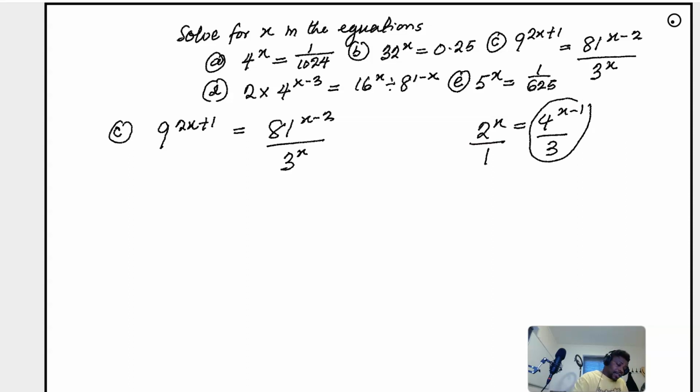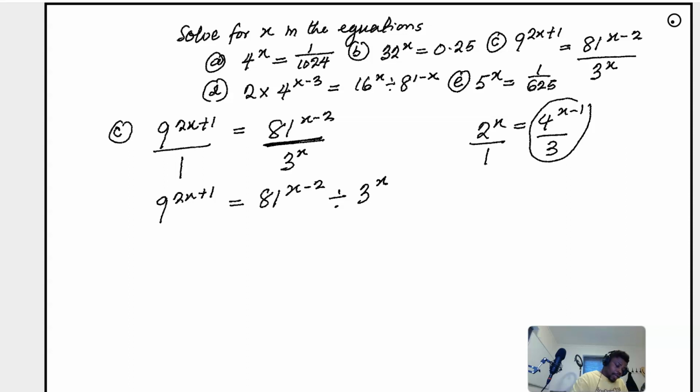So that means I can write this over 1 here. And whenever you have fraction on the left-hand side and fraction on the right-hand side, you can decide to still rewrite this as 9 to 2x plus 1 is equal to 81 to x minus 2. Remember, this is division. You can still write it like this.